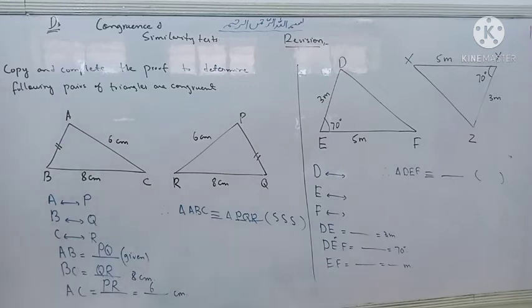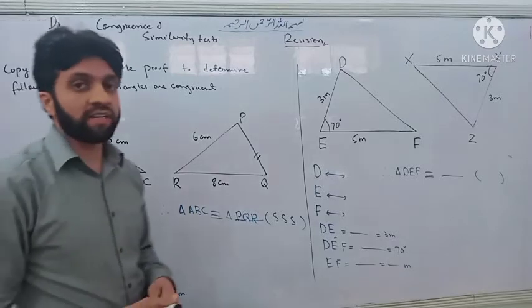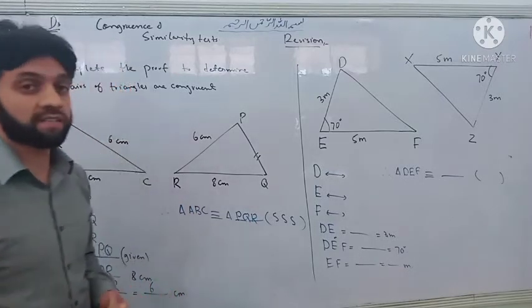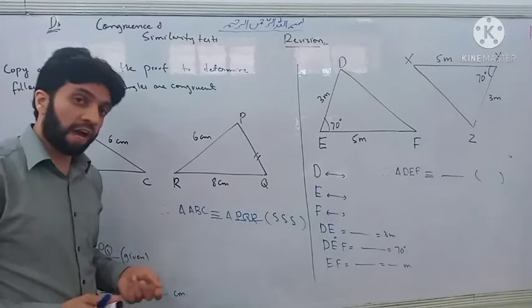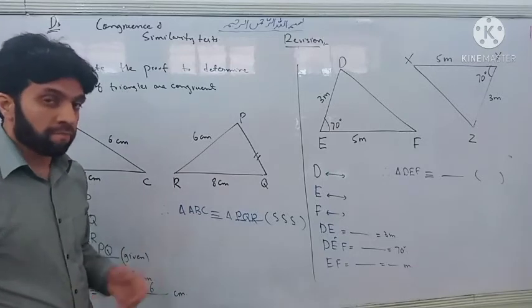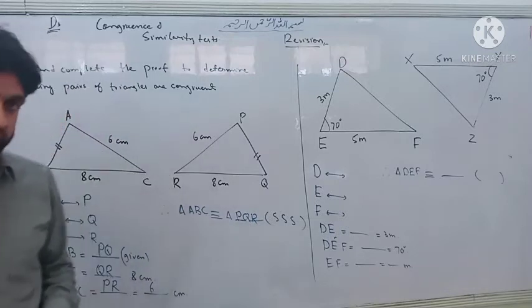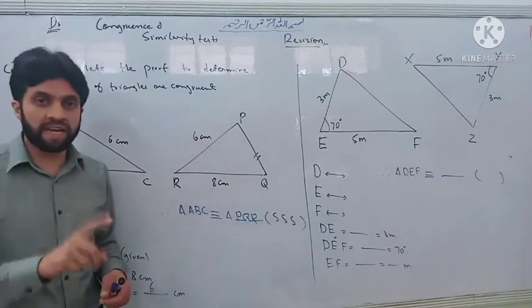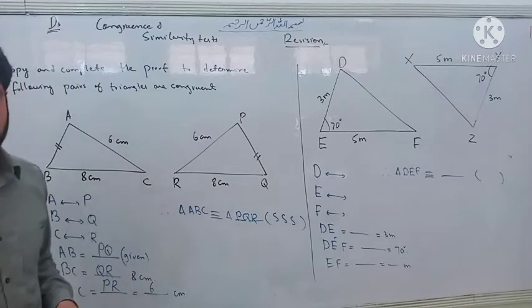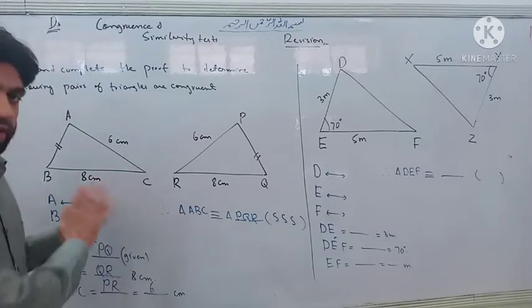Now move towards the second question, right? This is about the second congruence test, but first of all we have to identify it. We know that we have four congruence tests: SSS, SAS, AAS, and RHS. The first one is done.